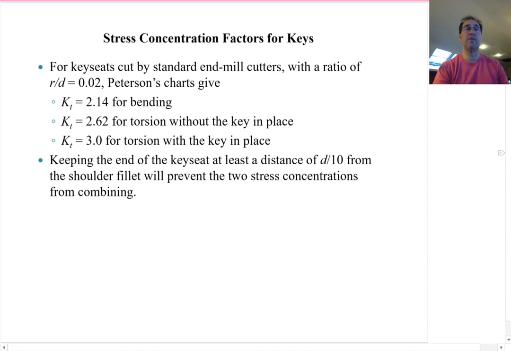Stress concentration factors for keys. This is pretty useful to give you so you don't have to look up. So if I ask you, hey, what's the bending stress concentration factor for this keyway, a key seat with a ratio of R over D of 0.02?